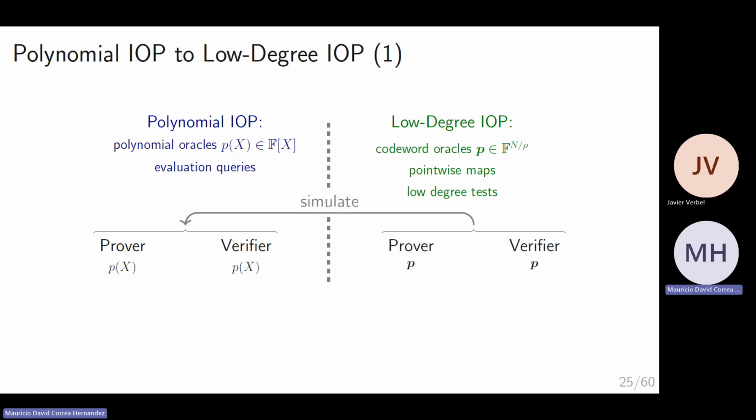So we want to simulate polynomial evaluation queries using this more basic tool of pointwise maps and low degree tests. The polynomial evaluation query is: the verifier selects a point and reads the value of the polynomial at that point. And the question is, what does this look like if we simulate it using more basic tools?